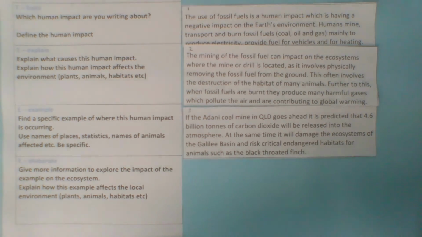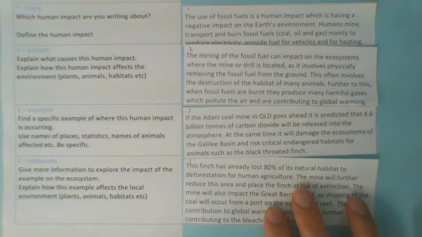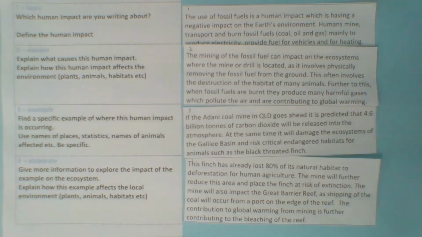In my elaborate, I'm going to keep continuing with that idea, go into some more detail. It says, this finch has already lost 80% of its natural habitat to deforestation for human agriculture. The mine will further reduce this area and place the finch at risk of extinction.